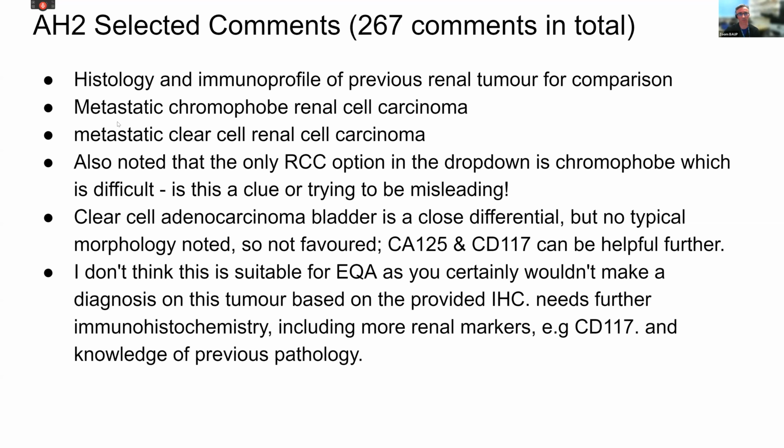So some comments very confident this was a metastatic chromophore, some confident it was metastatic clear cell, and then a fair number, approximately 70 people, not favouring this was a metastatic renal cell tumor, favouring a primary clear cell adenocarcinoma of the bladder, again, and giving various immuno reasons and morphology reasons.